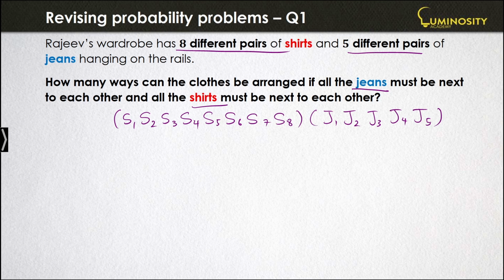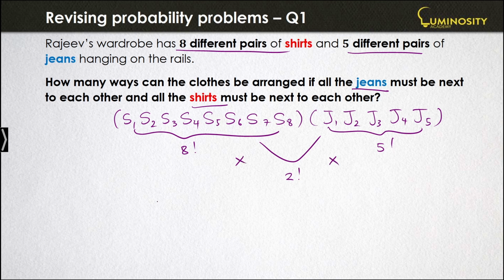Now within each group, I can still rearrange the shirts in 8 factorial ways by the fundamental counting principle. And likewise, I can organize those 5 jeans in 5 factorial ways. And then lastly, I can group these 2 objects in 2 factorial ways. So by the fundamental counting principle, this is 8 factorial times 2 factorial times 5 factorial.